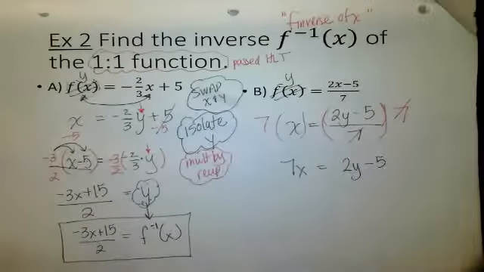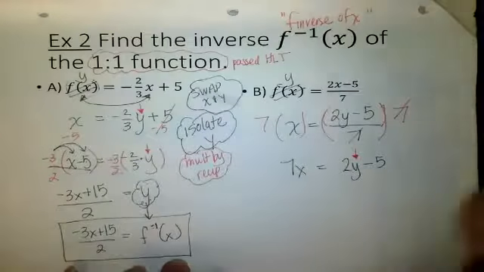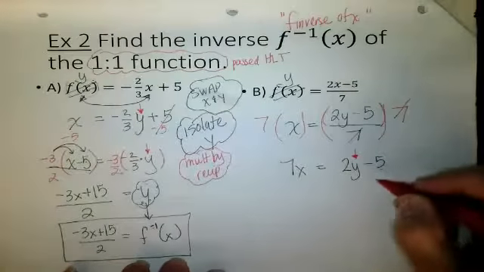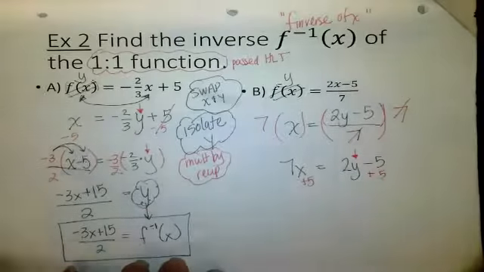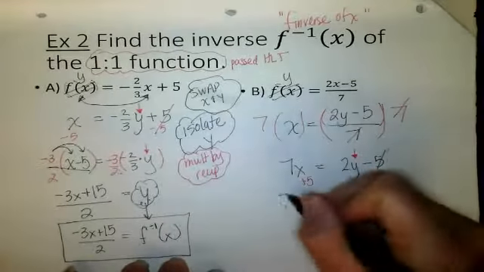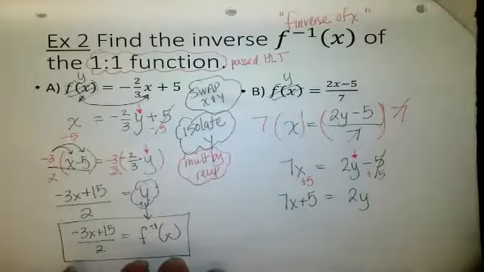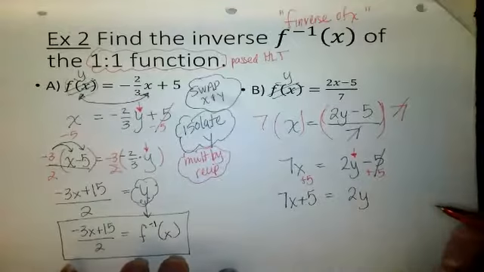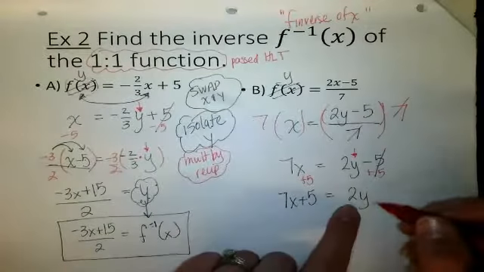All right, we're trying to isolate the y, so what should we get rid of first? How do we get rid of it? Add 5. So we're going to add 5. So then we'd have 7x plus 5 equals 2y. And then how do we get y by itself? How do we get rid of the 2? Divide by 2.